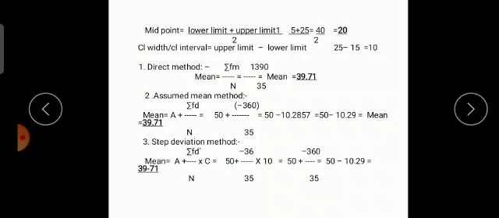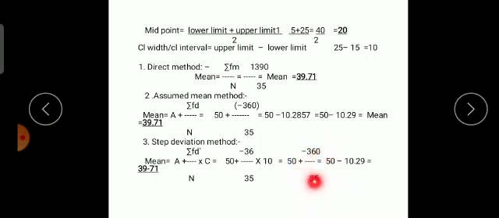So here put the values in the step deviation formula: the assumed mean is 50 plus, in brackets, summation fd dash, which is minus 36, divided by 35, the n value, into the common class width, which is 10. When you solve the equation, again you first solve the division part, minus 360 divided by 35.